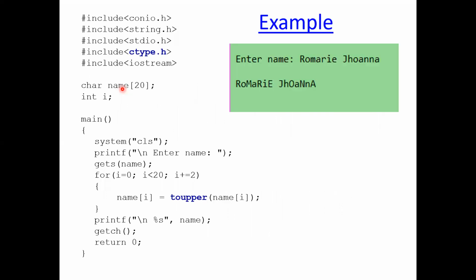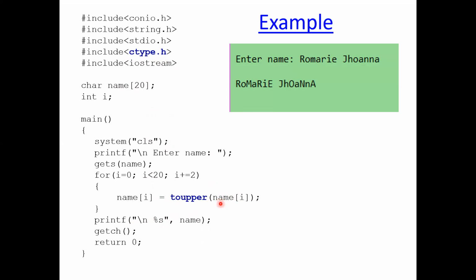Okay. So I have an example here using toupper, and just take note that if you're going to use the toupper or tolower statement, you also have to add the ctype.h header file in your preprocessor command, or else this will have an error. In using toupper, you could use it in array form.